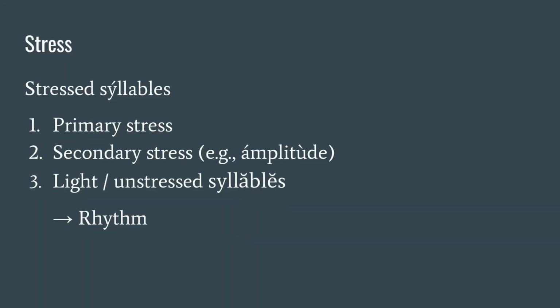You don't probably have to worry so much right now about where the secondary stresses are placed. That's more of a concern if you're studying linguistics. Just learn where at least the primary stress is and pronounce that reasonably accurately so that it's clearly pronounced with a main stress there, like in syllable, not syllable.